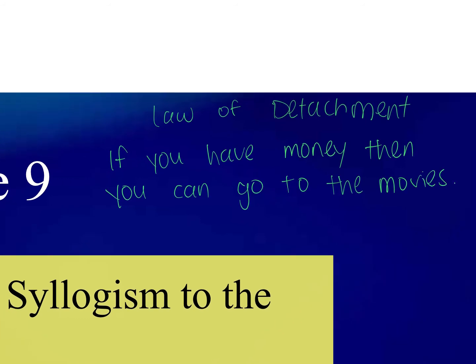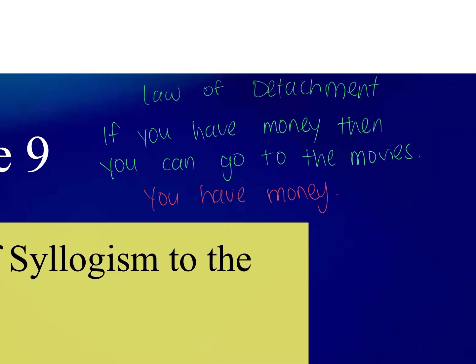And then what if I said, you have money? What can I conclude from the law of detachment as my last statement? What am I able to infer based on this? Cody? You can go to the movies.